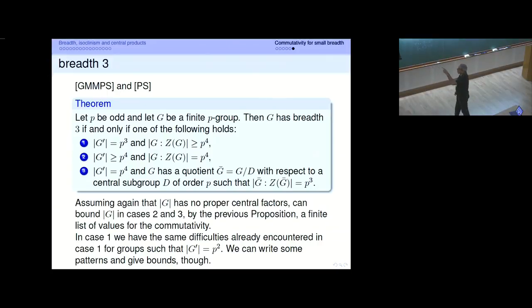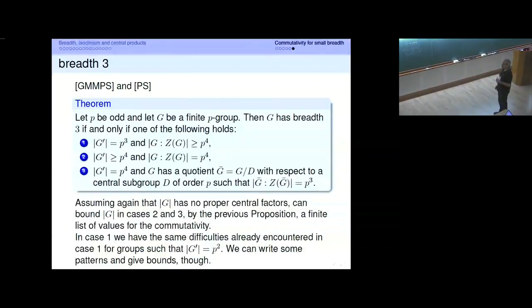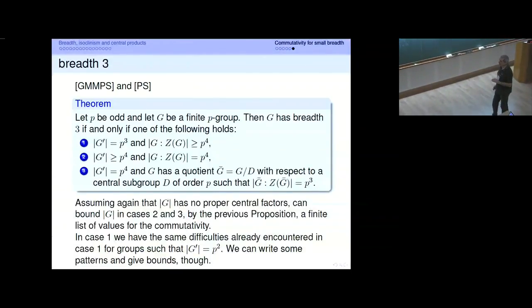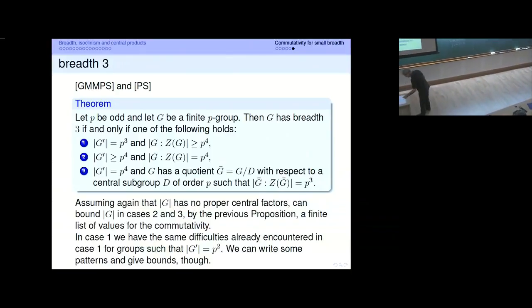If the group has breadth 3, there are 3 possible cases. Let's start with case 3. If there is a factor group in which the center has very small index, this is the first possibility, then we could compute just the values of the commutativity.